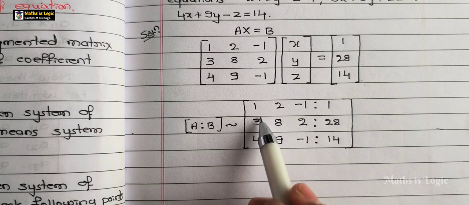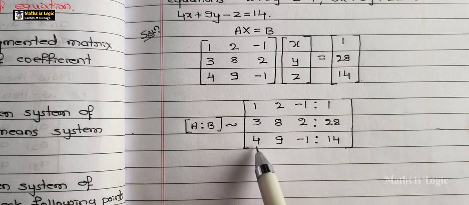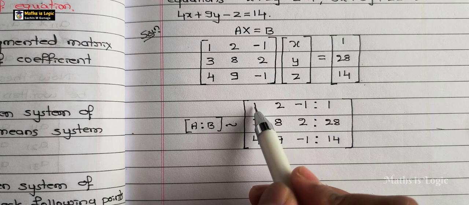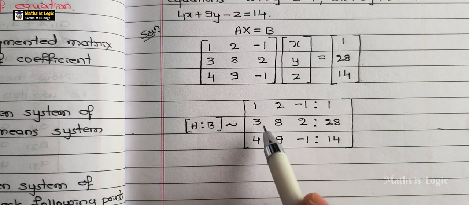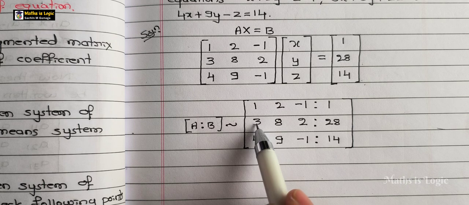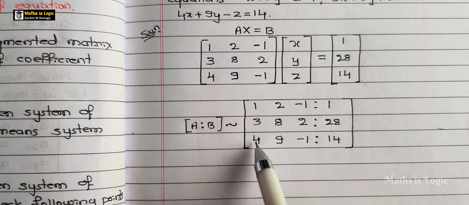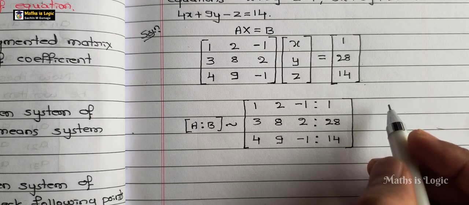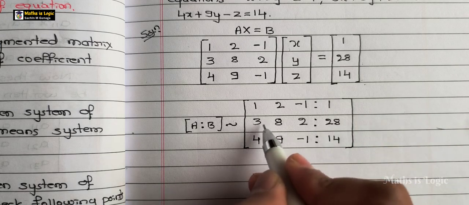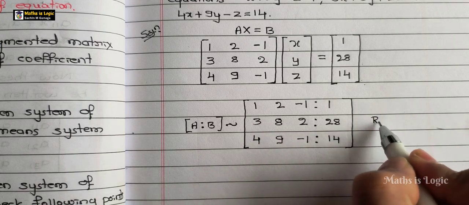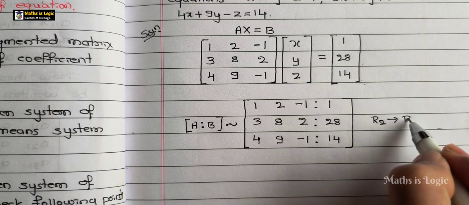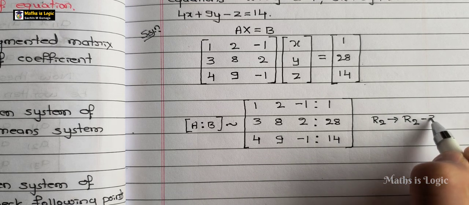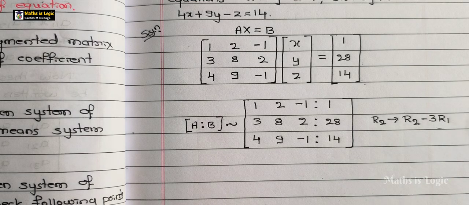First we need to make these two elements 0. The first row, first element is already 1. So the next step is what? The second row, first element and third row, first element, we need to make 0. Therefore, apply the row transformation. We are changing R2, therefore R2 changes to R2 minus 3 times R1.